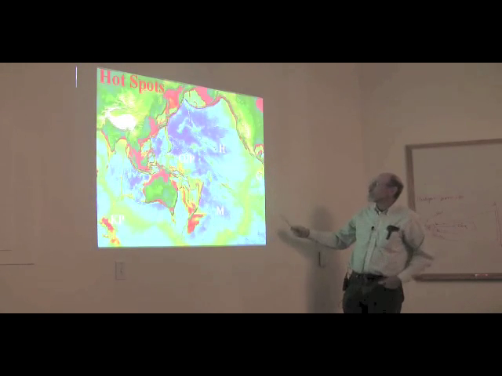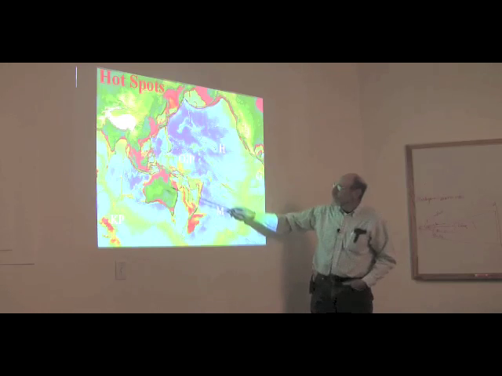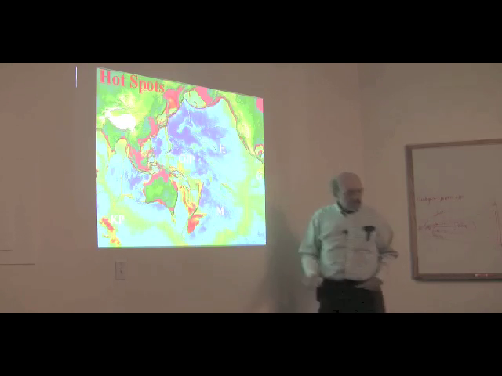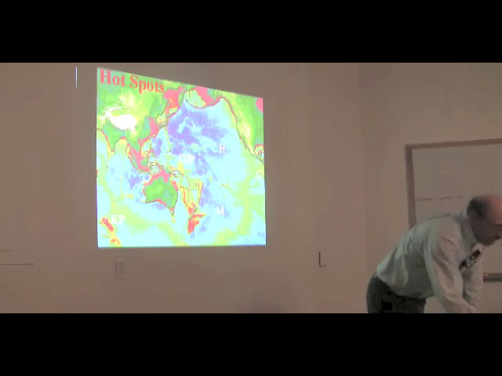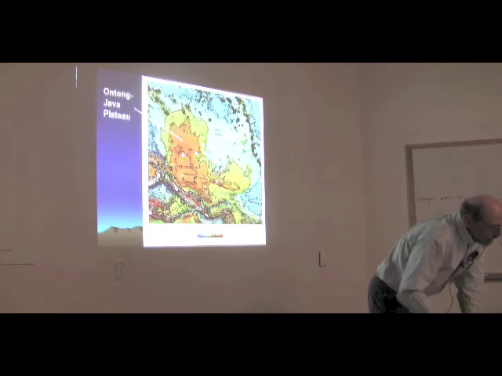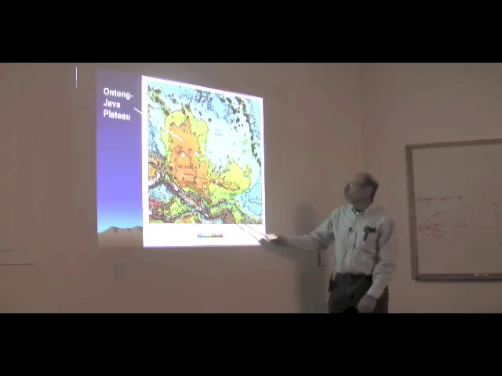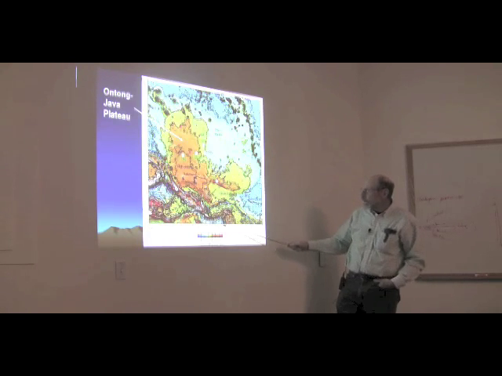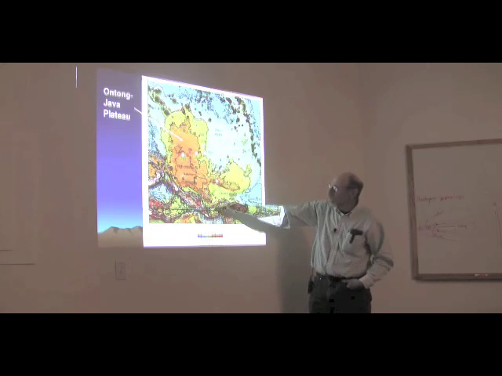Again, here's a closer view of the Pacific. Here's the Ontong Java Plateau, and it's colliding with these island arcs that are off of Australia. If we look even closer, you see that this is a fairly large area. Let's see, that's 5 degrees, so it's about 500 kilometers, or this is over 1,000 kilometers.